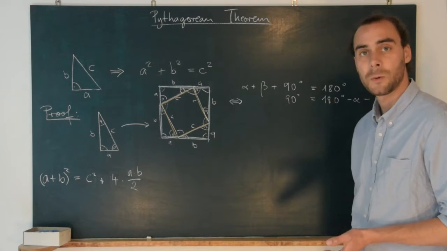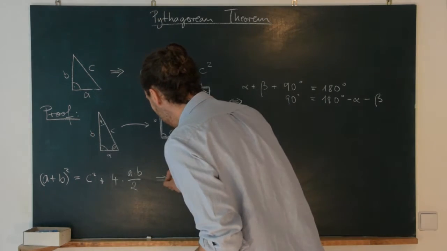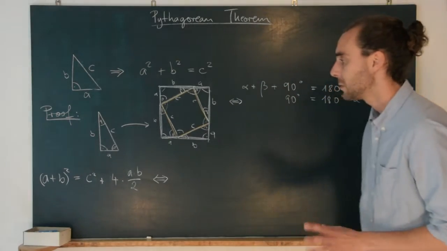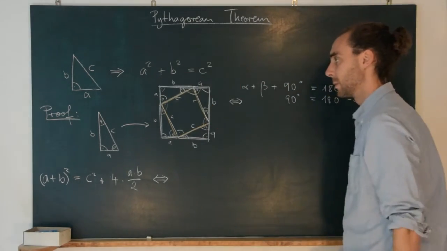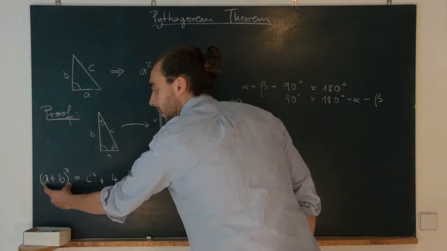Okay, now we have an equation, and we work a bit on this equation, and then soon we will get the equation that we want to show. We have to evaluate this.